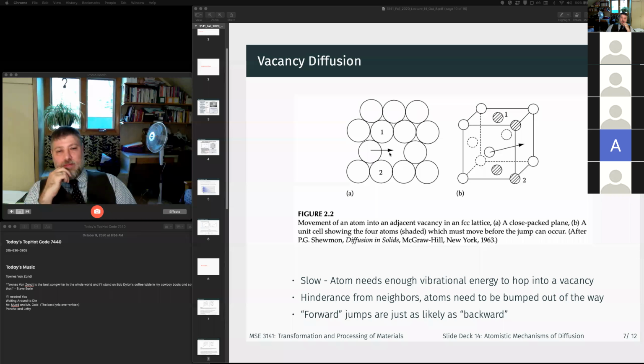So over time, if this vacancy is moving through the crystal, what's my expected position, averaged over time, of my vacancy?